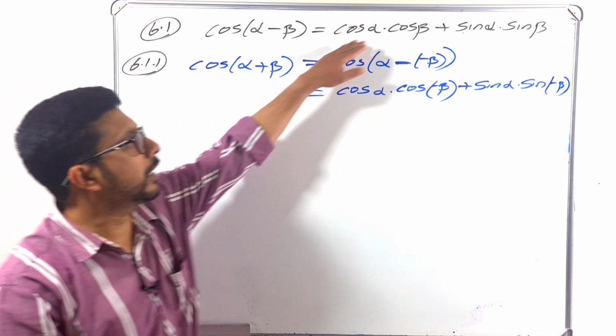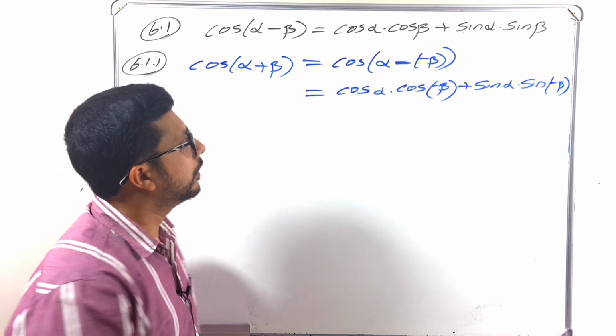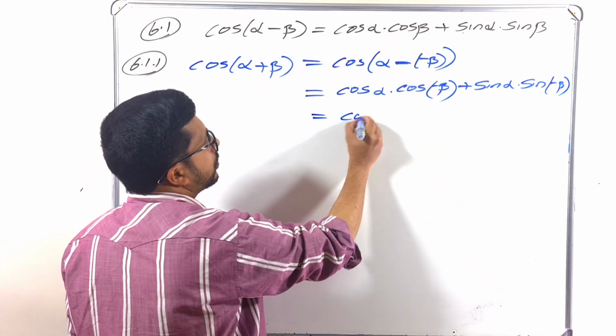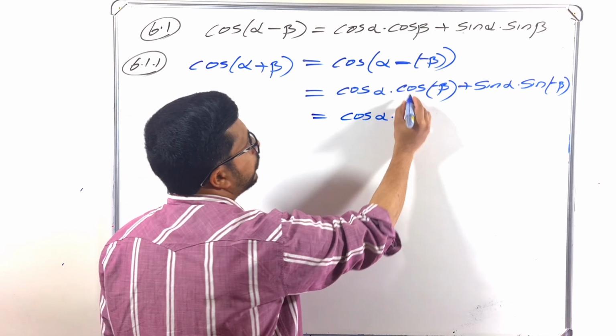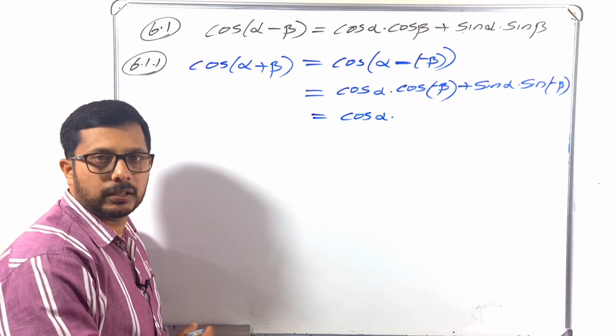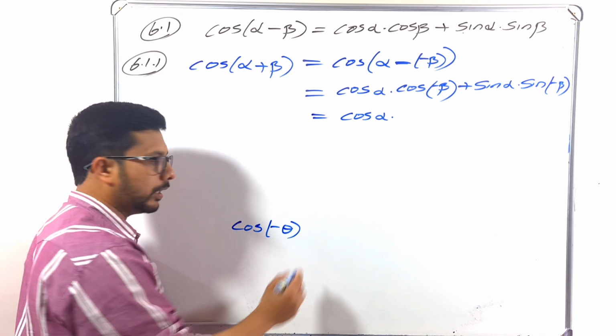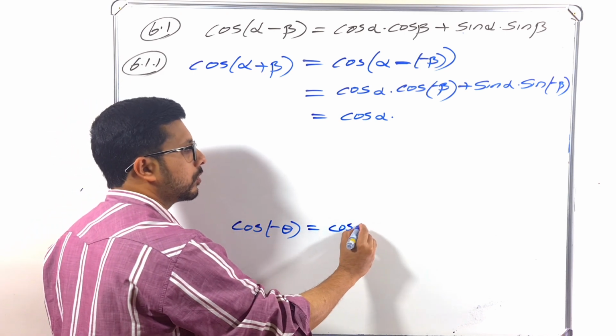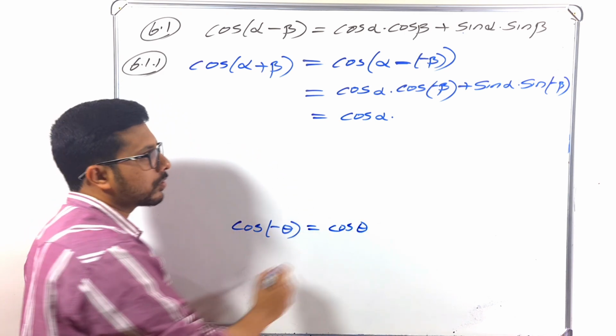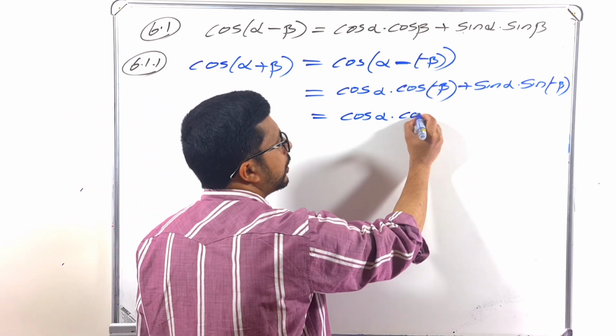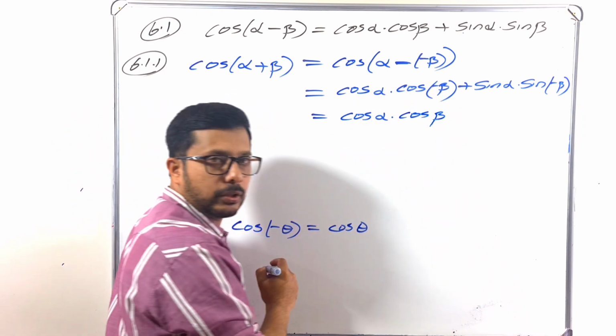So we expanded using this formula. Now this is cos alpha into cos of minus beta. In the last question I also told you, cos of minus theta is the same as positive cos theta. Similarly, cos of minus beta is the same as cos of positive beta.